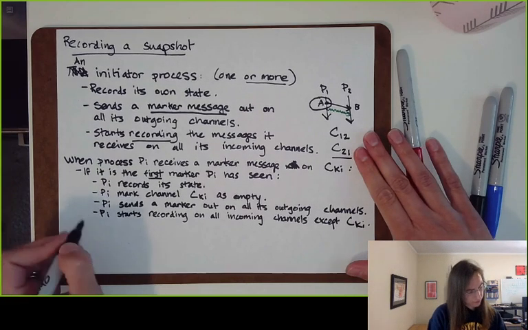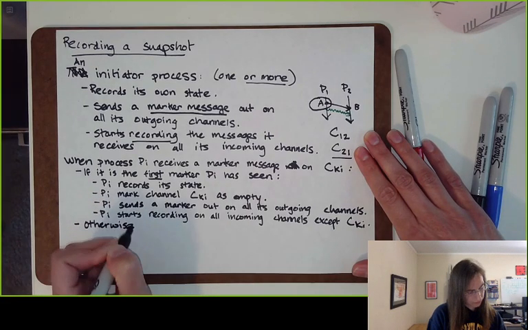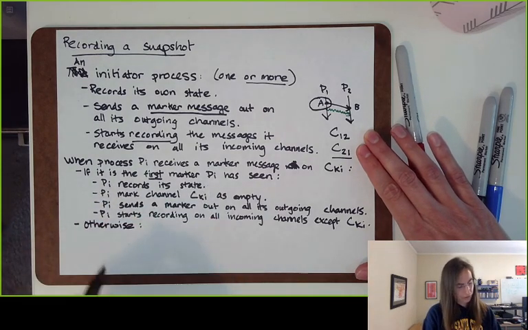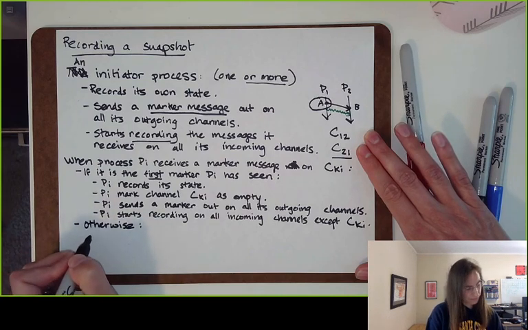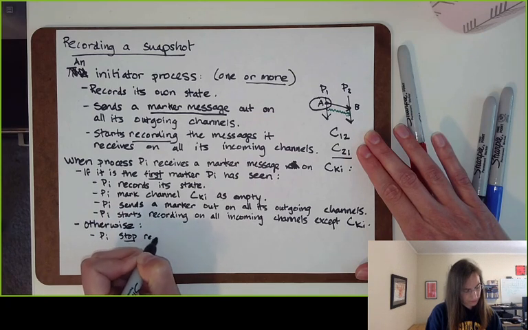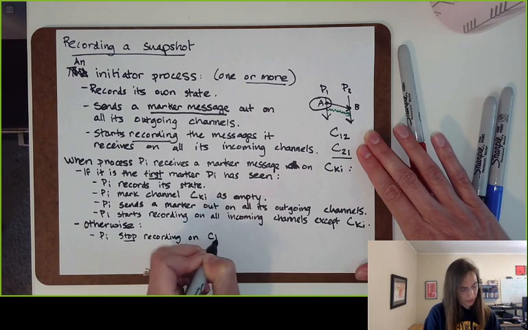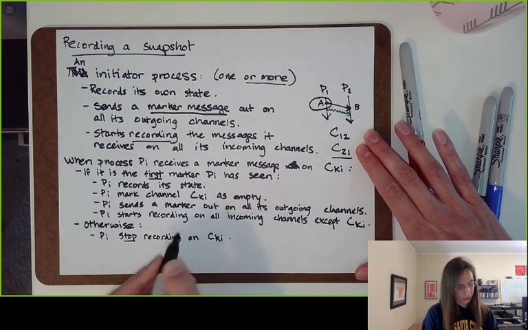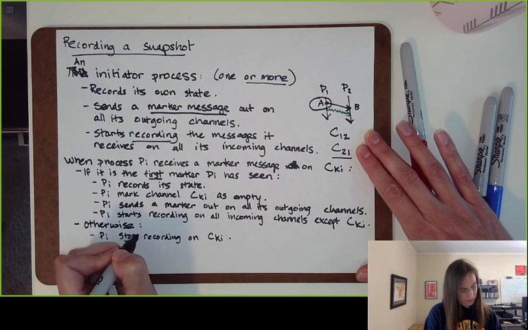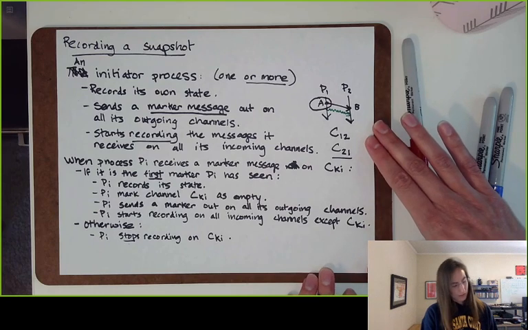Here's the other case. Otherwise, this is the case where Pi has already seen a marker message. Pi will stop recording on channel Cki, which is the channel that it just got this marker message on. So that's it.